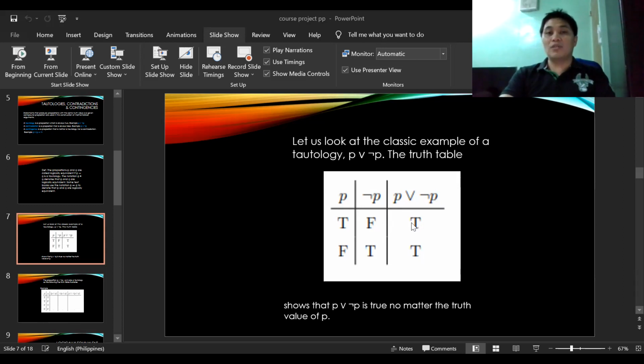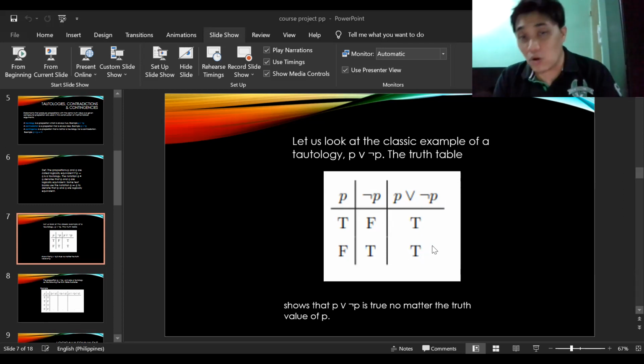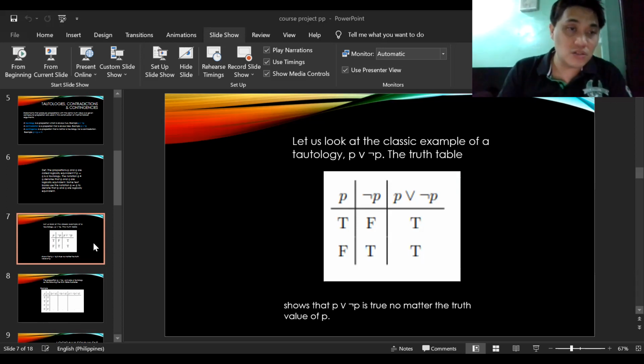So true and false is true, and then in the next given data, false and true, this one is true. This shows that P or negation of P is true no matter what the truth value of P is. So this is our tautology.